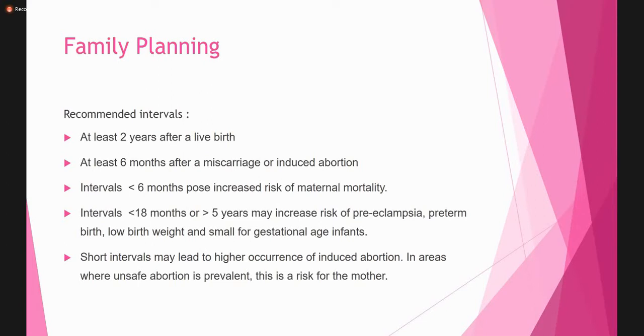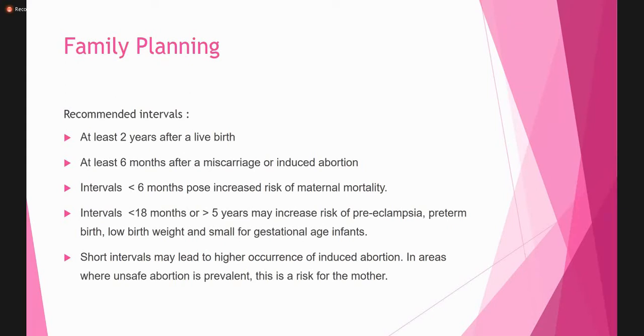Intervals less than 18 months or more than 5 years may increase risk of preeclampsia, leading to eclampsia, and then preterm birth, low birth weight, and small for gestational age infants. So not only the mother suffers, but the baby also suffers due to this.